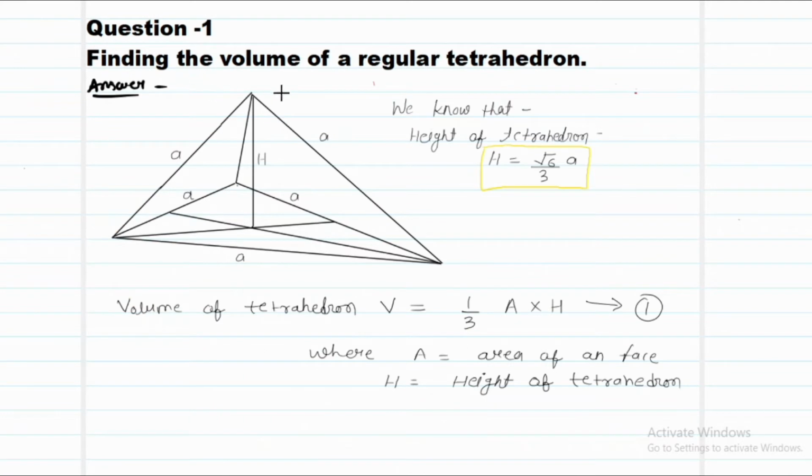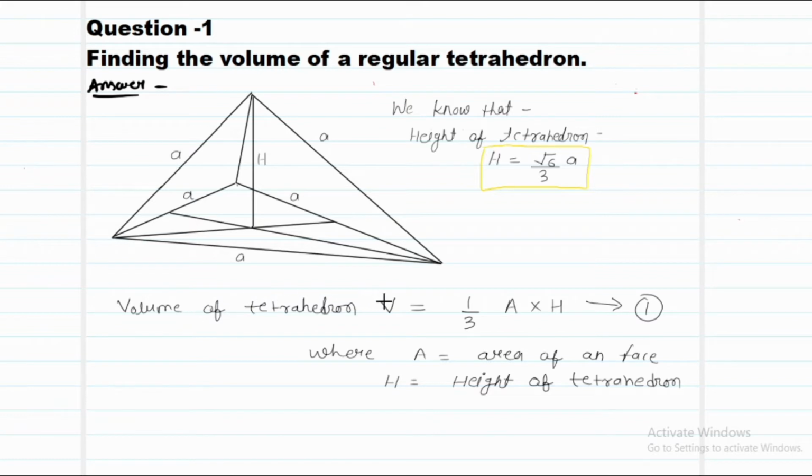Here we have a tetrahedron with side a and height capital H. Basically, the direct formula of the tetrahedron height is under root 6 upon 3 into a, which we have seen earlier.